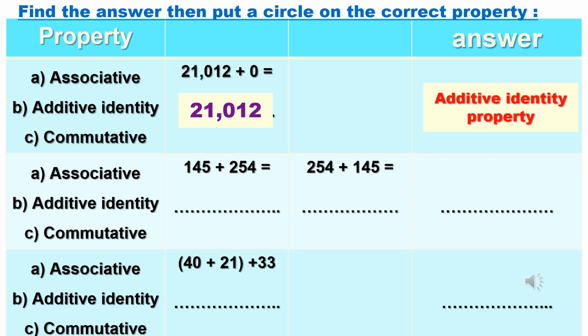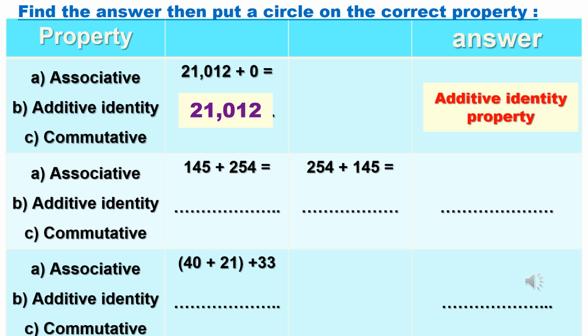Second one, 145 plus 254. And on the other side also we have 254 plus 145. If we look here, we found that we switch the addends, so you can add in any order. This means commutative property.